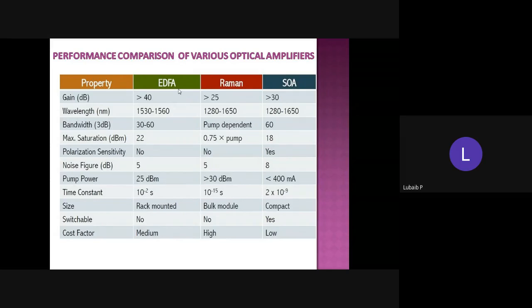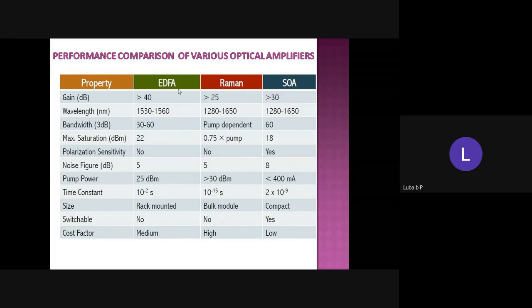Regarding the wavelength of operation, the EDFA range is 1530 to 1560 nanometer. In the case of Raman amplifier and SOA, the range is the same, 1280 to 1650.